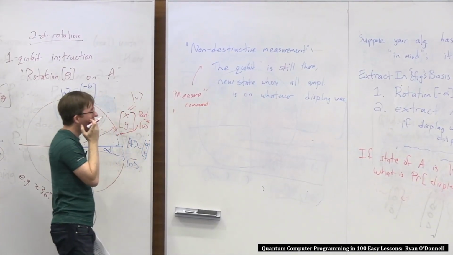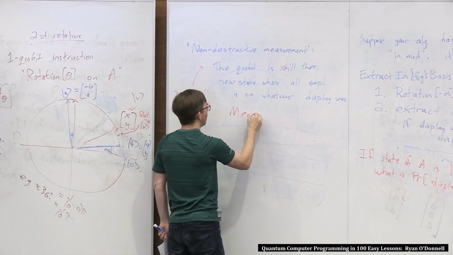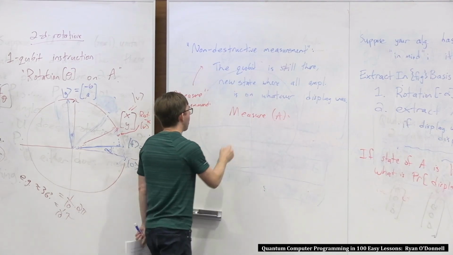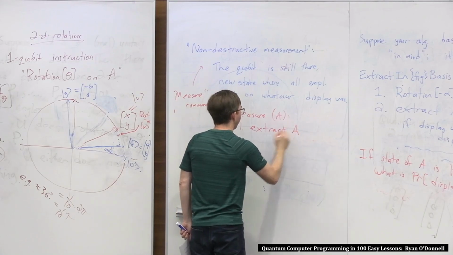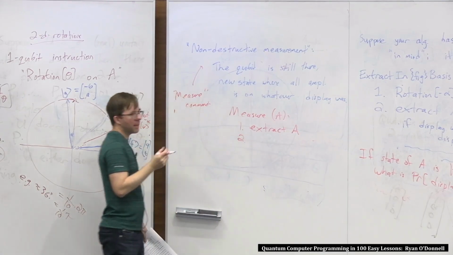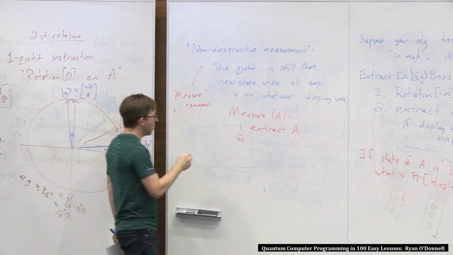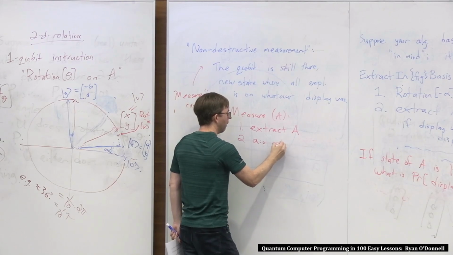But we don't really need it because we can simulate it as follows. If you want to do measure A, then just extract A. That deletes it, but it also reports back either 0 or 1. Let little a be the output bit.